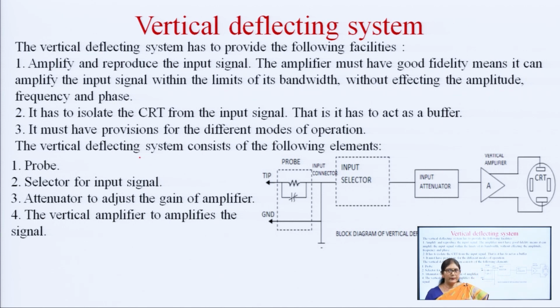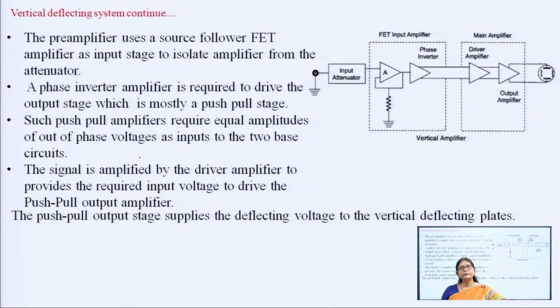If the amplitude is high, generally the attenuators are inside the probe, but if an attenuator is required, we pass the signal through the input attenuator and then the amplifier, and the output of the amplifier is fed to the vertical deflection plate. This is the internal circuit of the vertical amplifier.